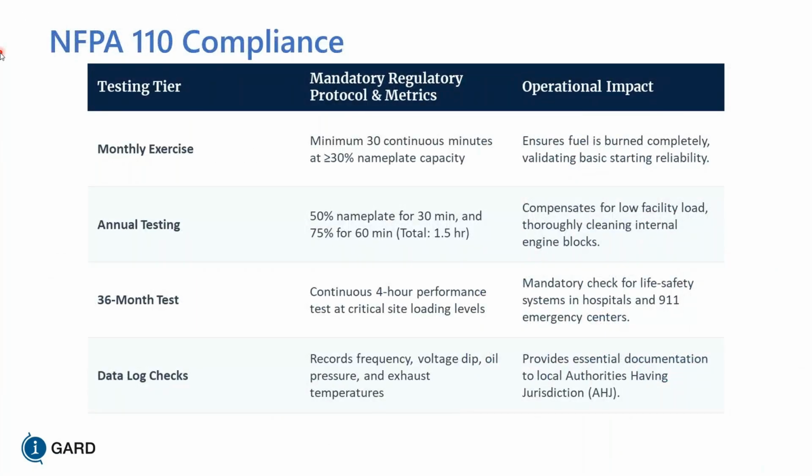Or 50% nameplate capacity for 30 minutes and 75% capacity for 60 minutes. How can you do that? You might be able to do that with some of the plant loading, but you would need a load bank to be able to test the desired loads for the required amount of time. So it's easier with the load bank than without.